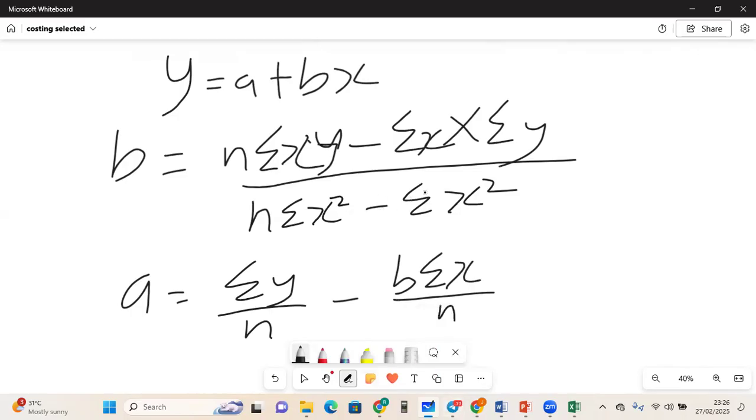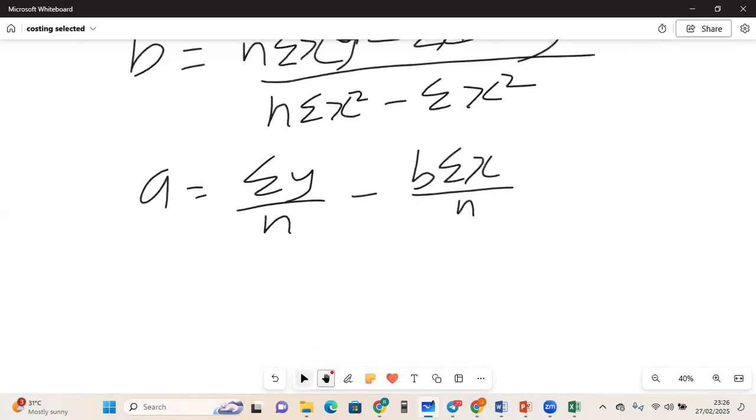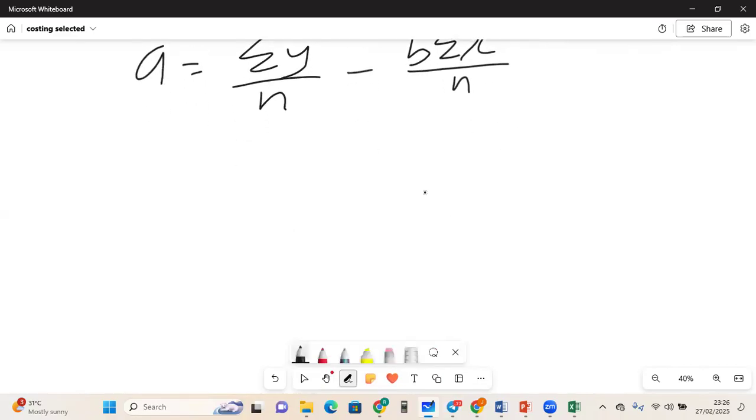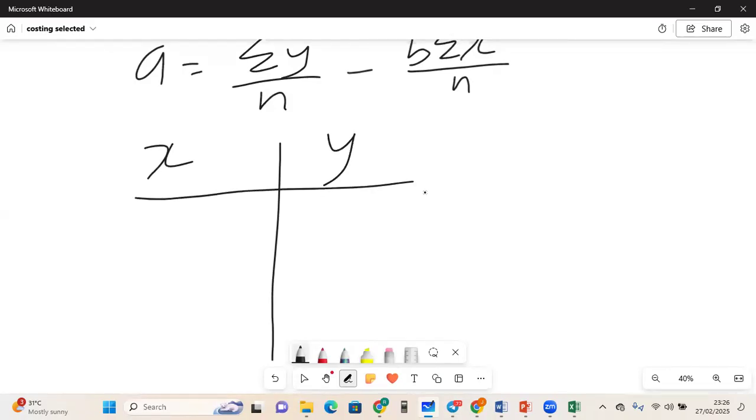Without solving for b. So that means you have to draw a table, x, y. Now let's put the figures in there. Where we see x is the activity level and then y is the cost, right?